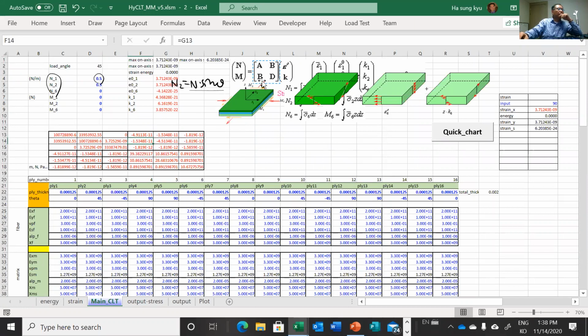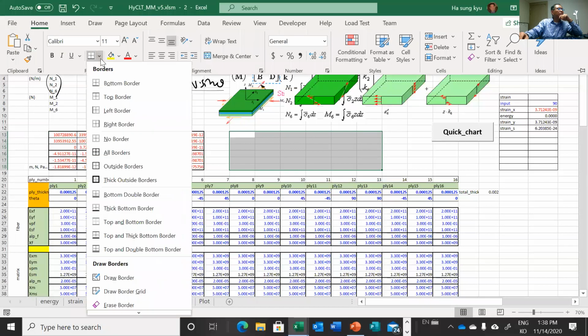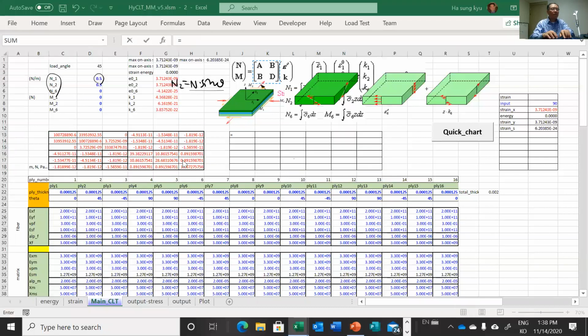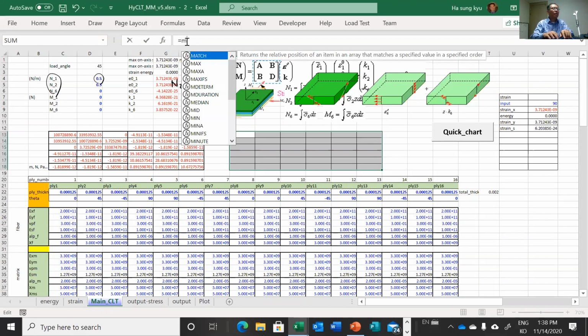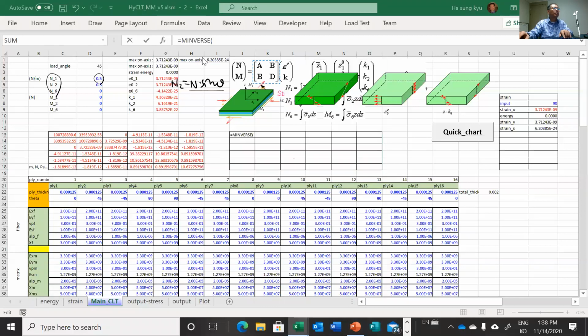And now I'd like to take the inverse of this ABD matrix.